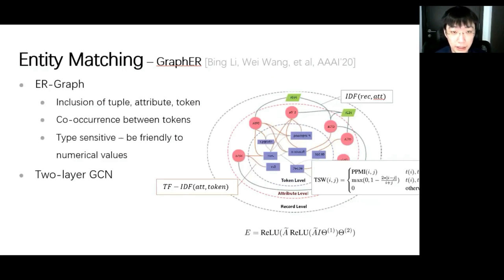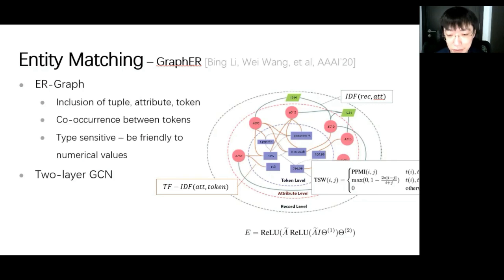Firstly, GraphER builds an ER graph that links tuples, attributes, and tokens together. The edge weights are assigned with IDF between the tuple and the attribute, and TF-IDF between attributes and tokens. Tokens co-occurring in the same sliding window are also linked.